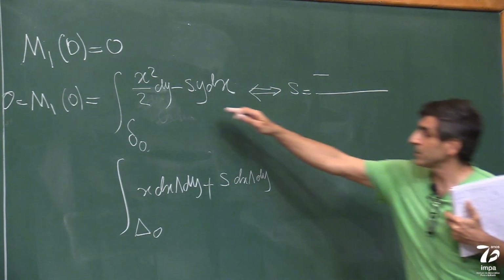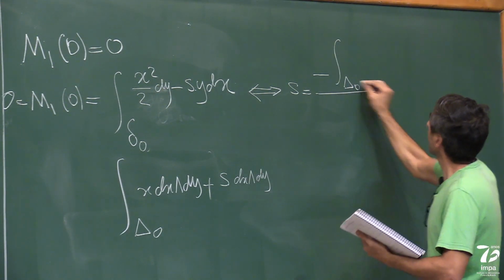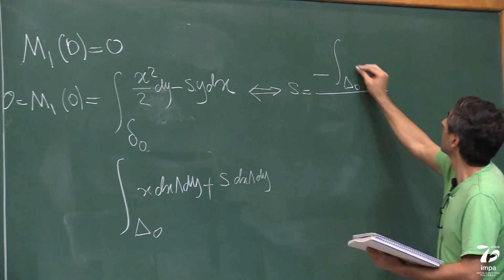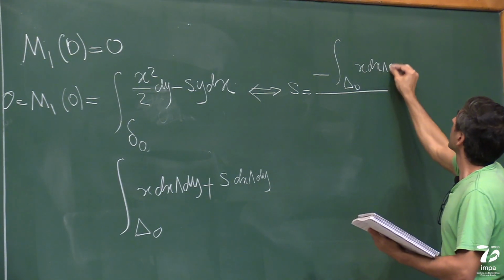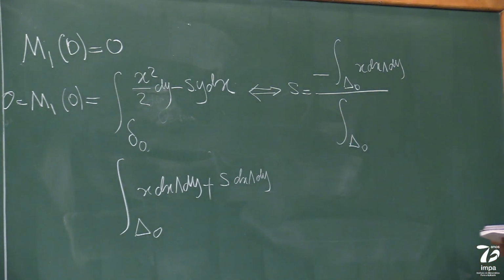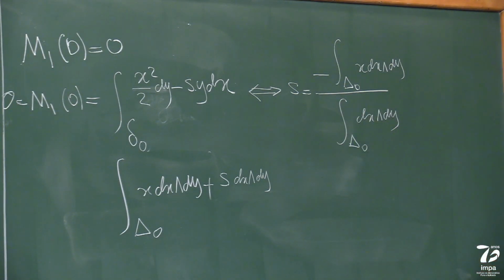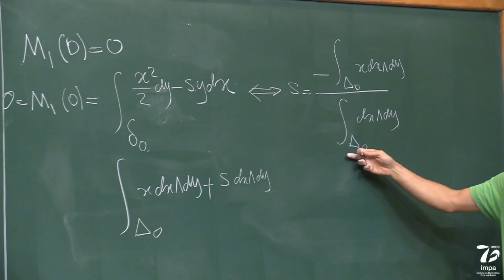This will be 0 if and only if my s is the integral over delta 0 of x dx dy divided by the integral over delta 0 of dx dy. So for example, this is the volume of delta 0.